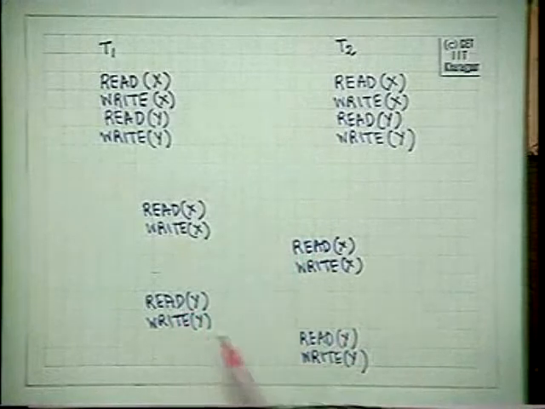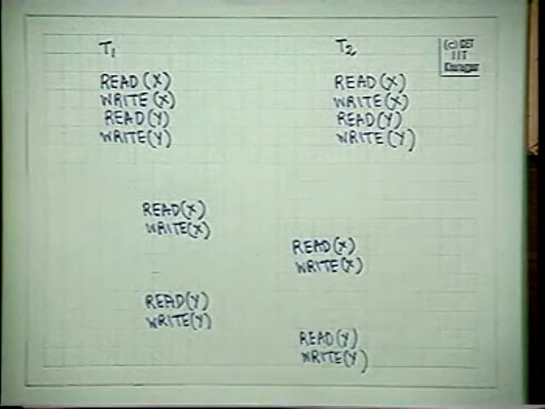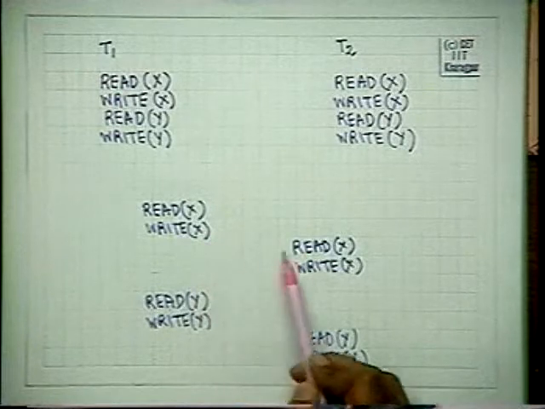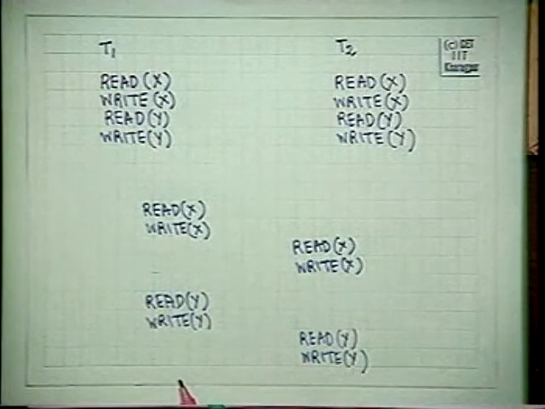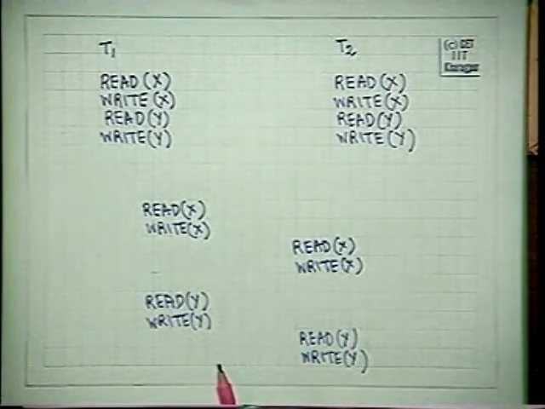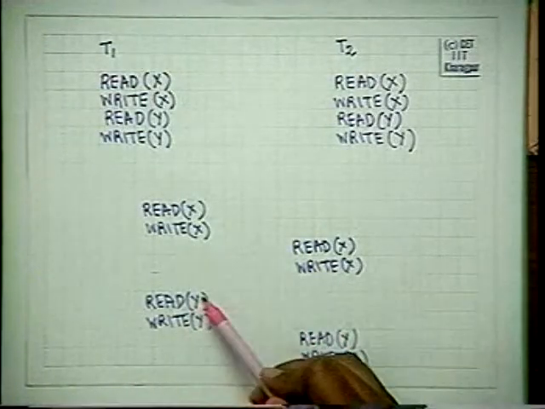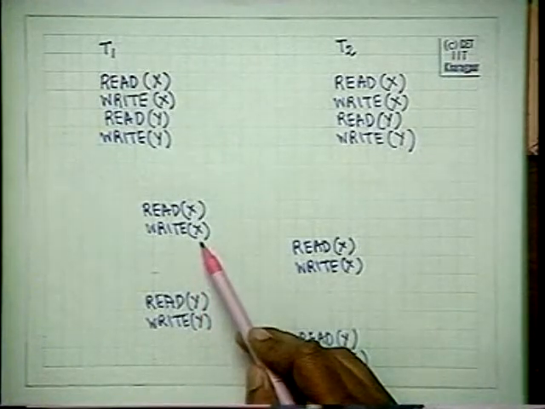Let us see. Here this one follows this, then this, then this, then this, then this, then this. Now suppose I shifted this up here. That is, if read Y was done between read X and write X, there would be no problem. It is still correct, because Y does not even have any effect on X. So, we can move this read Y right up to here.